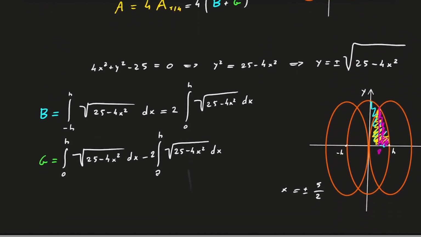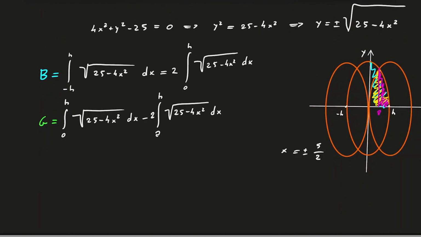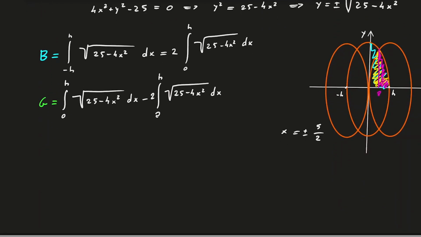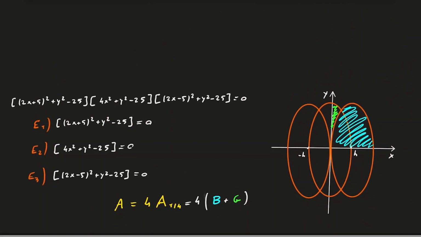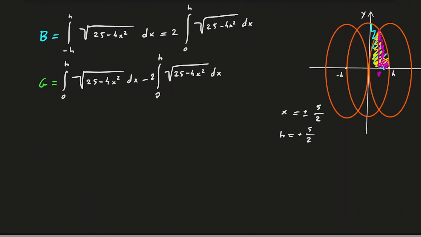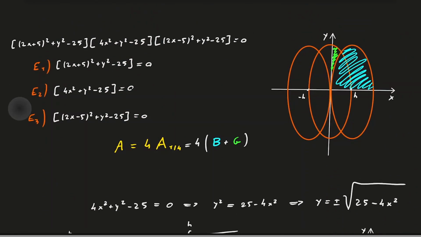Since the function is 0 when x equals plus or minus 5 over 2, we know that h equals plus 5 over 2, because we call minus h this point here. Now we have h, and we have to find a.